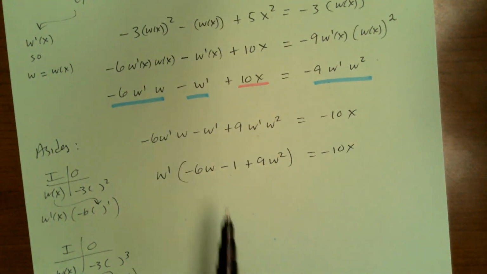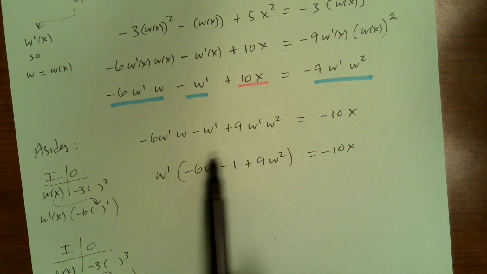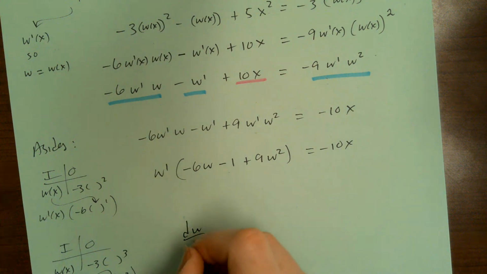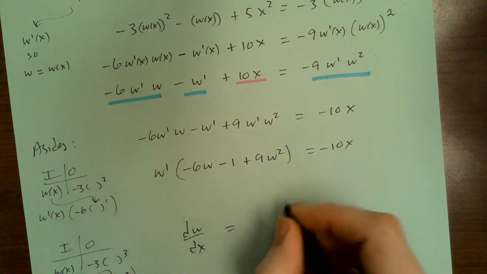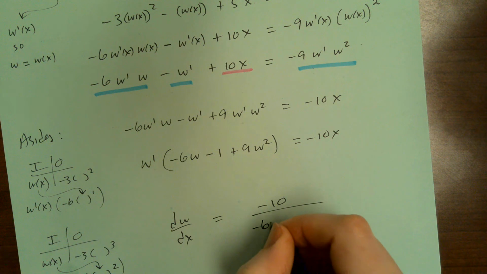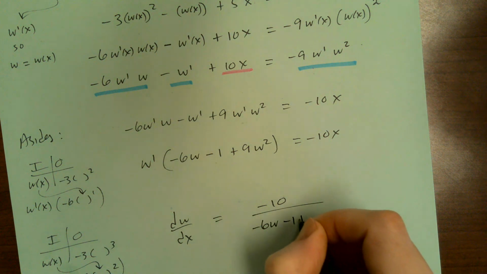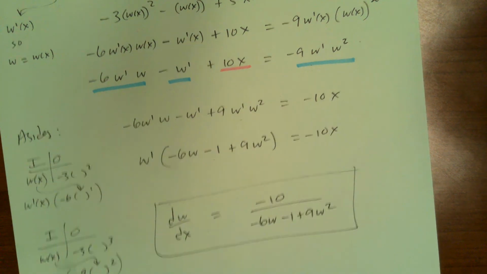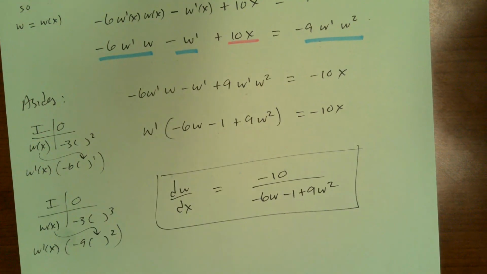And then the very last step, you divide both sides by this, and I'll convert back right now to Leibniz notation. So there's a lot of converting notations involved here. Okay, guys. All right, the other videos will be super short.